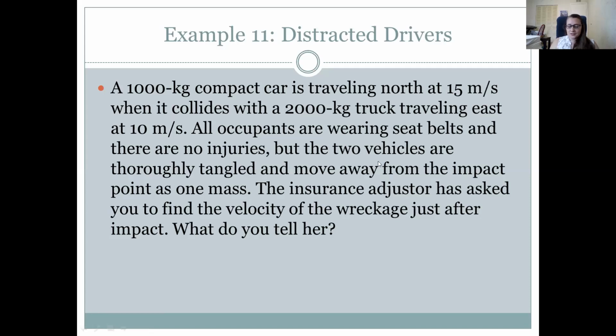All right. So in this case, we do have another collision. What type of collision is this one? And how do you know?